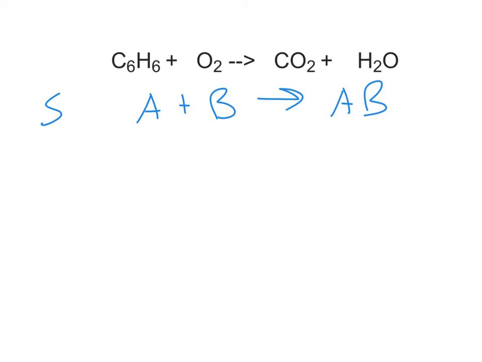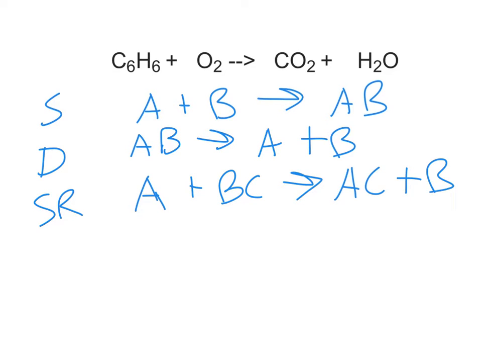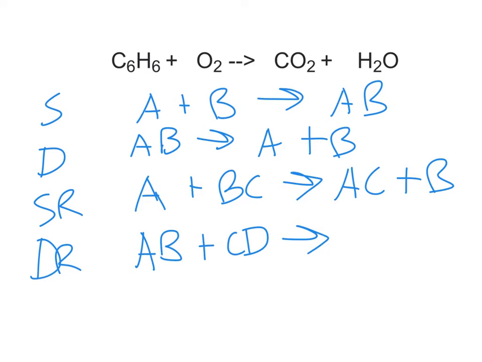You have a decomposition reaction, which is AB goes to A plus B. You have single replacement, which is A plus BC goes to AC plus B. You have double replacement, where you have AB plus CD goes to AD plus CB.